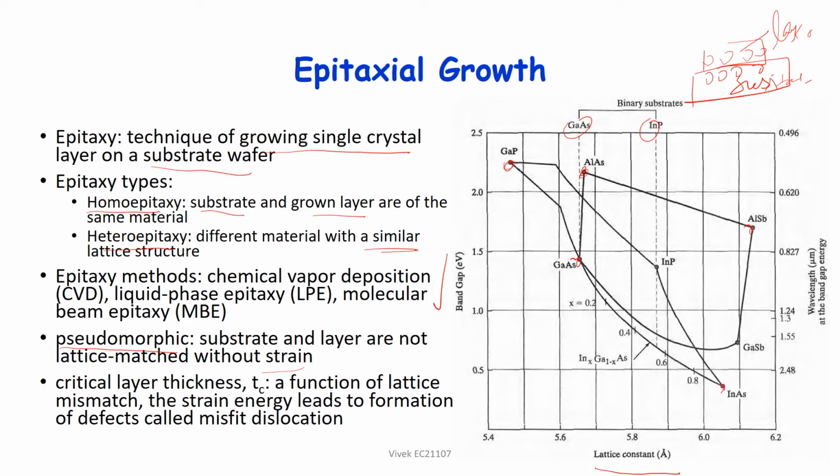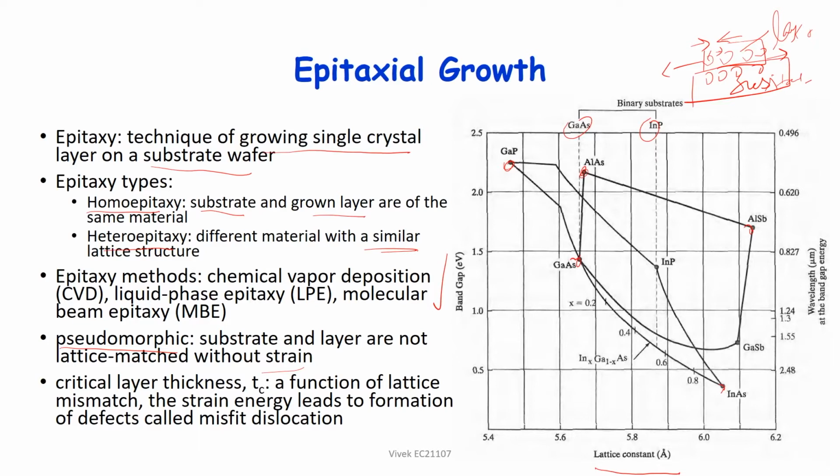If the interatomic distance is more in the substrate, then the layer will be stretched, right? So there will be a kind of tensile strain. If the interatomic gap in the substrate is less, then this layer will be compressed. So we call it an in-plane compressively strained layer.